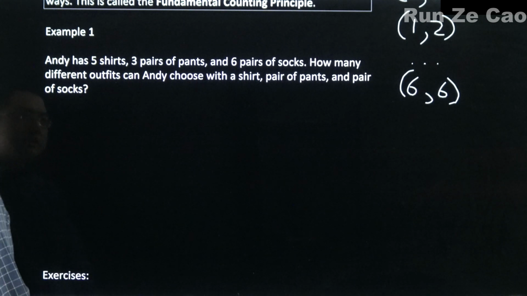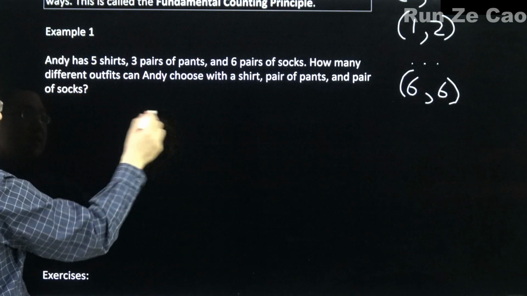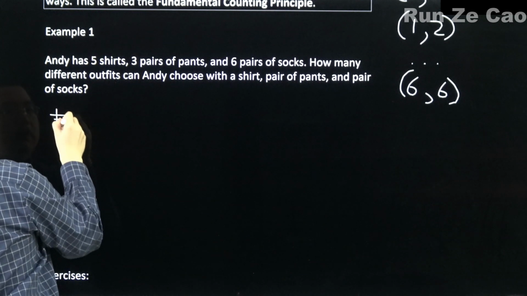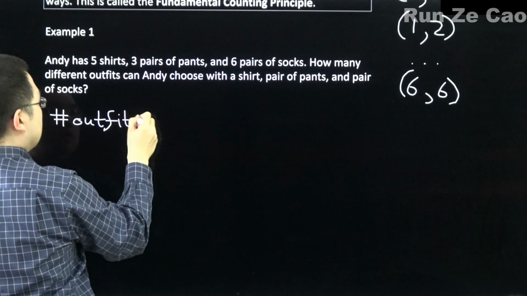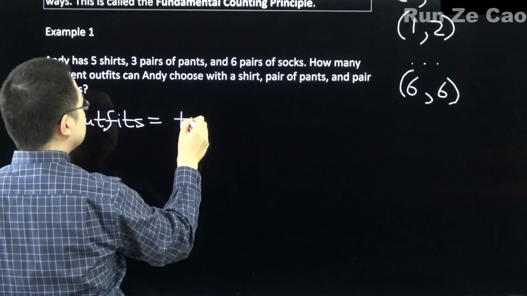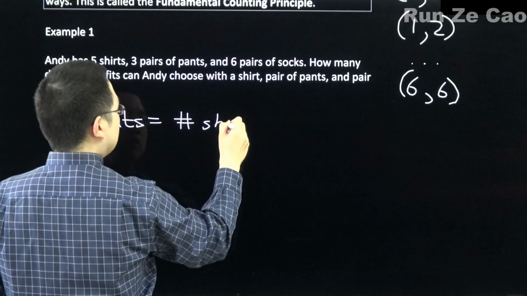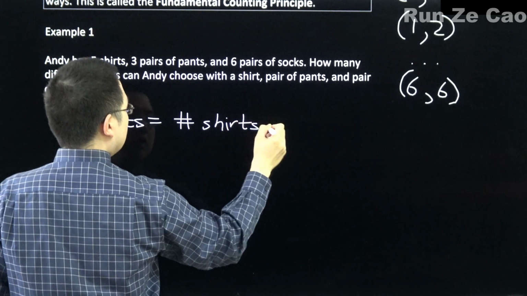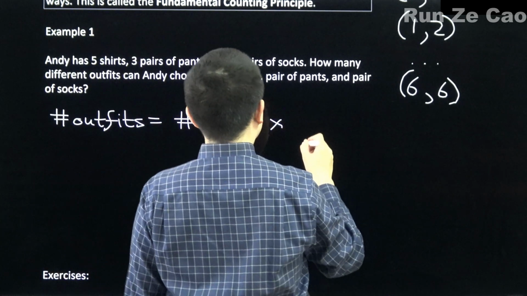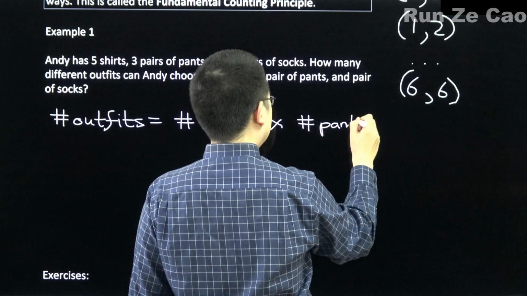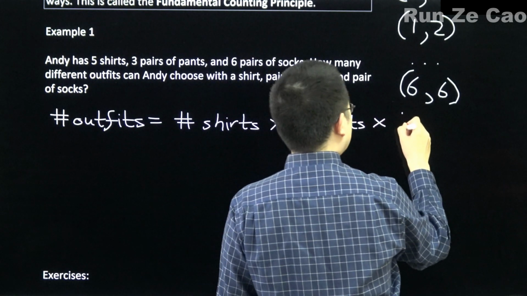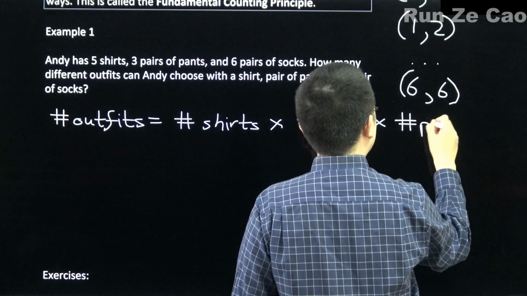So, this number of outfits equals number of shirts times number of pants times number of pairs of socks.